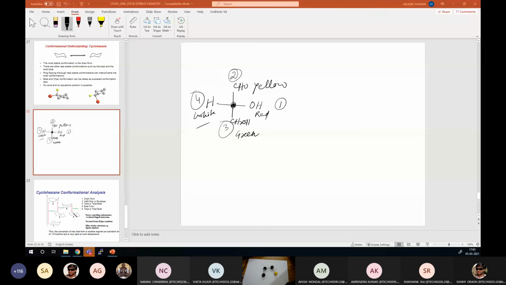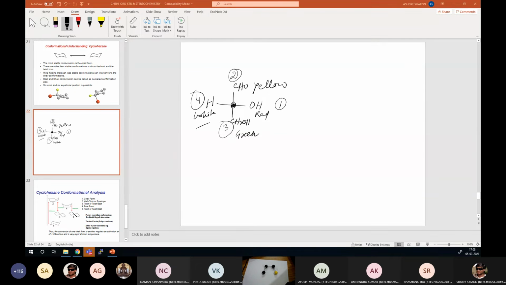Now tell me, what is dihedral angle? So yellow is 1, then 2, then you have 3, then 4.